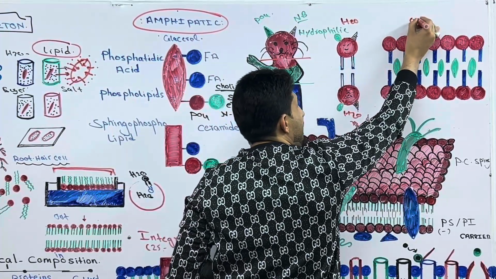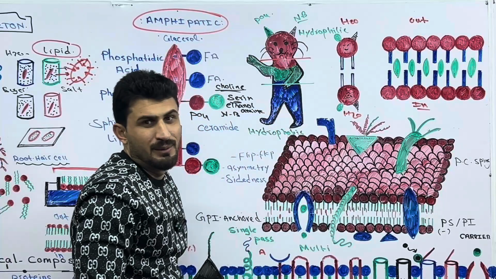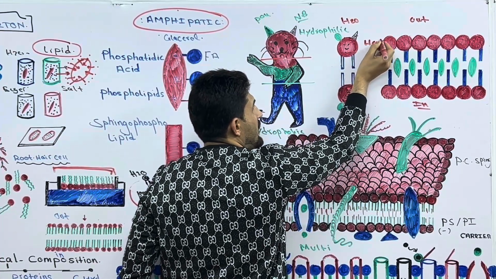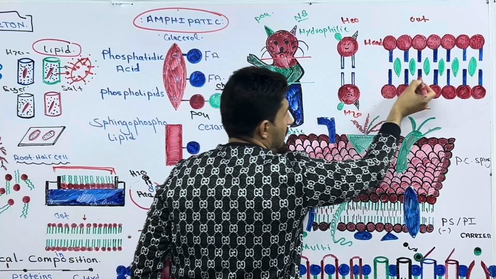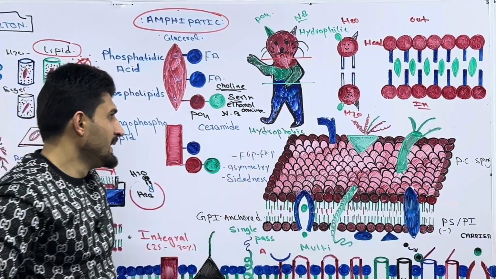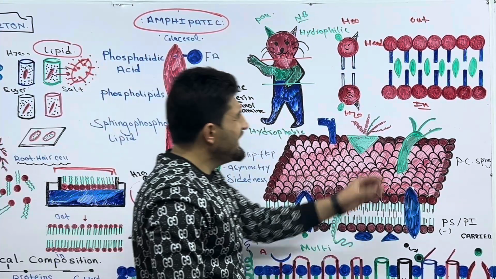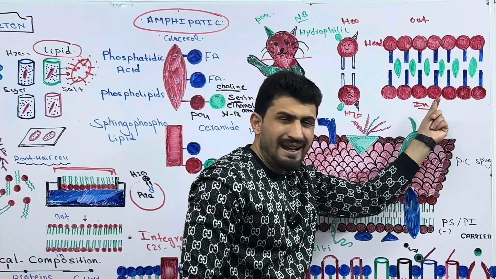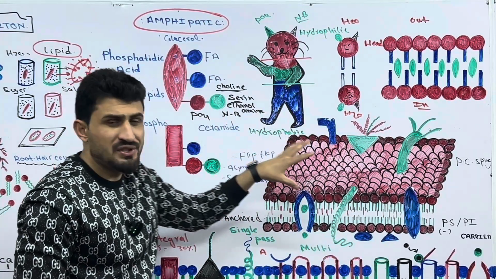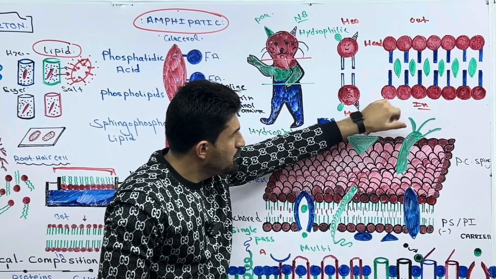This is the outside of the cell membrane, this is the inside of the cell membrane. These reds are the head part of phospholipid, and these are the tail or feet part of phospholipids. Got it? Now, let me add a little bit of detail to it: in most cell membranes, we have two leaflets.